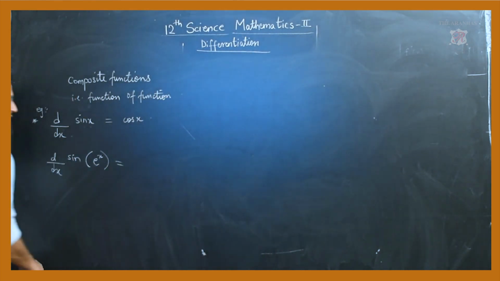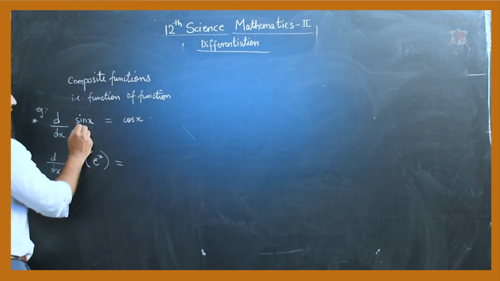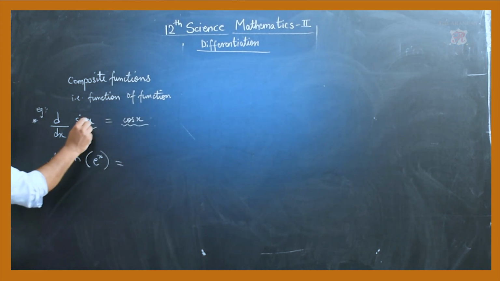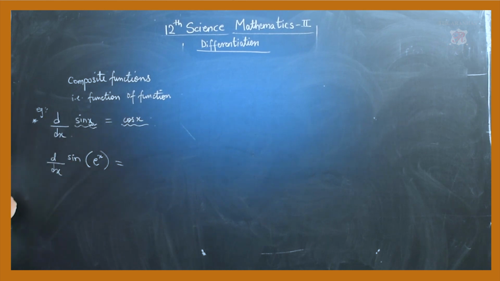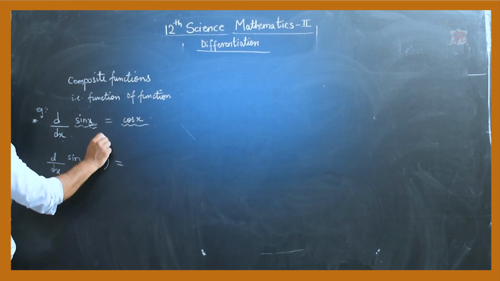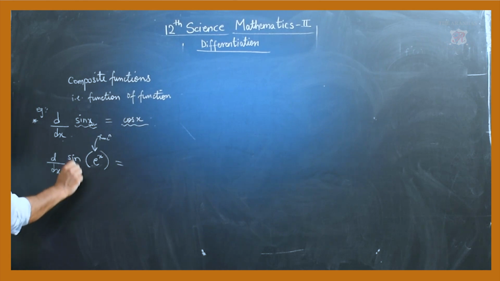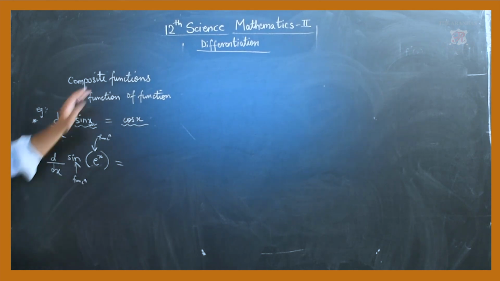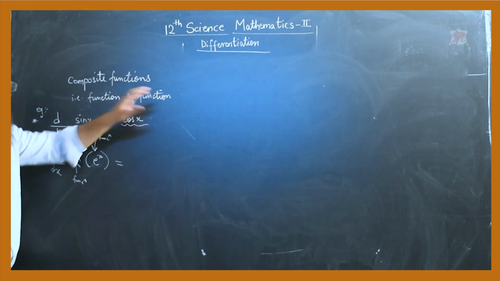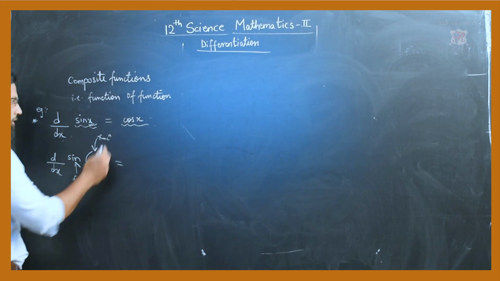What do you mean by composite function? Please try to understand. Like derivative of sin x is cos x. So focus on with respect to x. Here you have variable as x. Instead of x, we are having e raised to x. E raised to x is a function, and sine is also function. That's why composite functions differentiation is called function of a function. What to do?